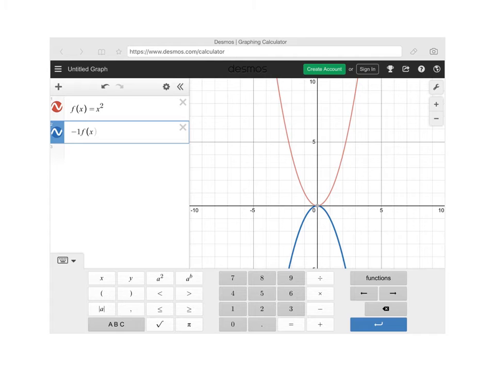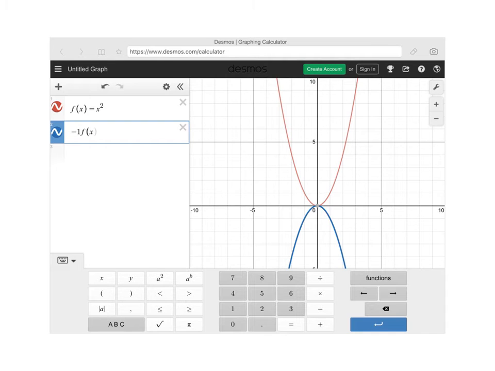If you think back to your geometric reflections, the quadratic reflected over the x-axis because it went from here to here. I made my output negative, so all my y's are now negative. That flips it over the x. Again, you can just graph this and see what happens, and that would be enough.